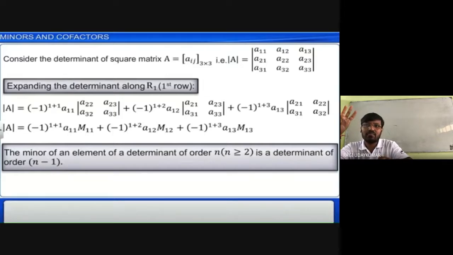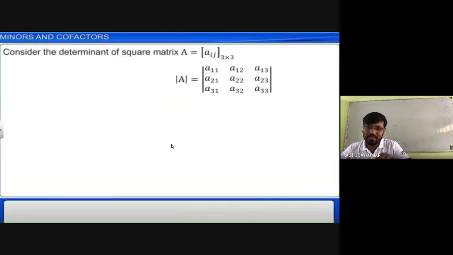When we find the minors of elements of a third order matrix, then we are going to get second order determinants. That is the one point you need to remember in this situation.